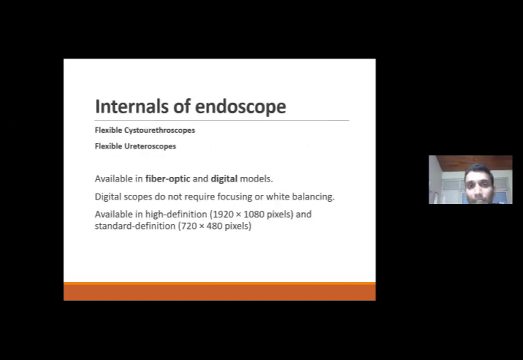In the internals of endoscopes, mainly the flexible scopes, they are available as fiber optic and digital. The digital scopes do not require white balancing. But the fiber optic scopes need white balance because they carry light from the halogen source. They are available in high definition and standard definition.